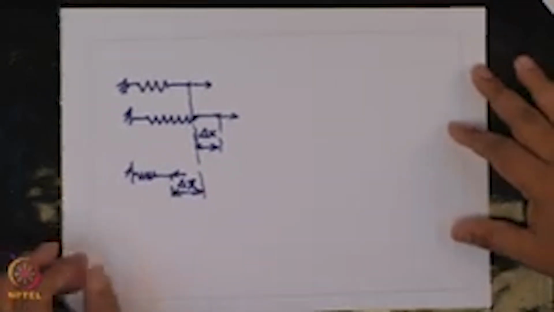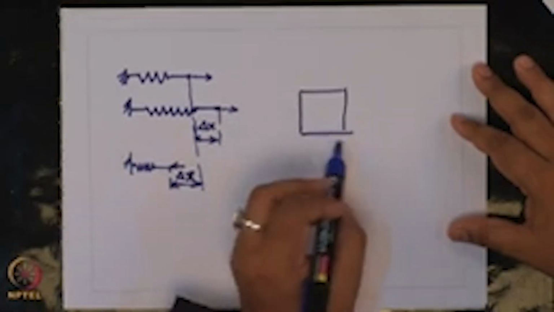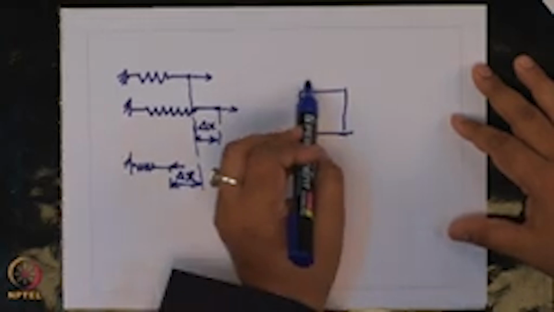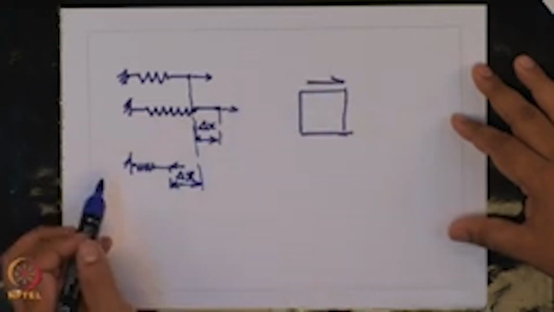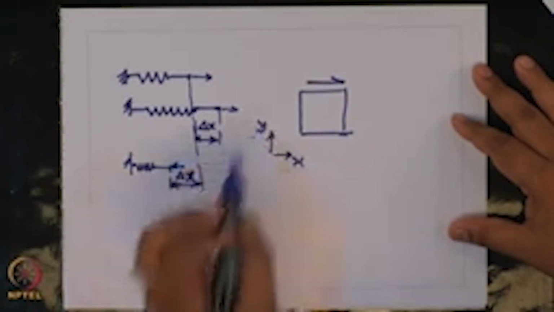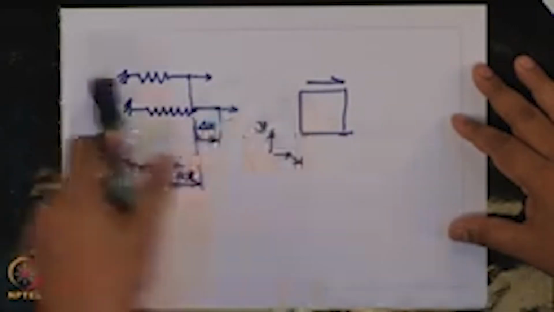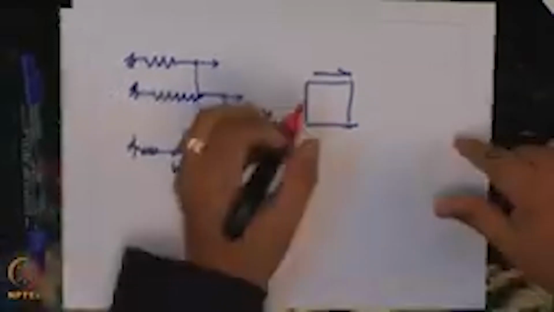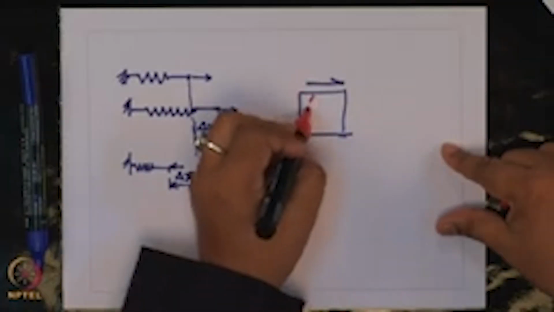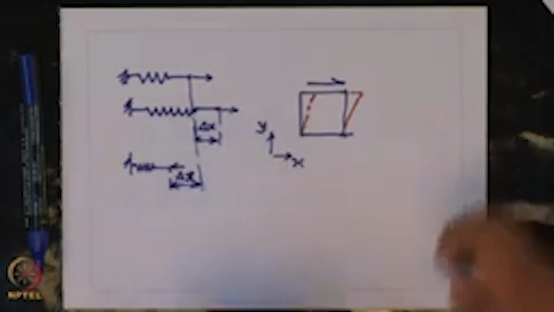What is shear? Imagine I take a block and exert a force in this direction. Let us say this is the x and this is the y axis. I exert a force in the horizontal direction on the top surface. What you will have is a structure where the deformed configuration will look something like this.